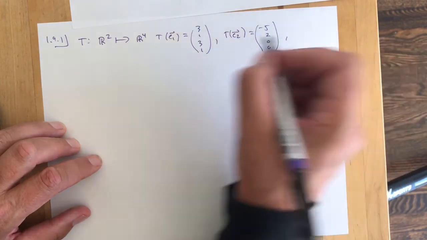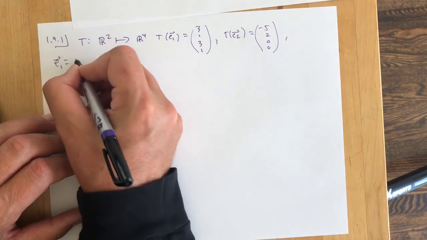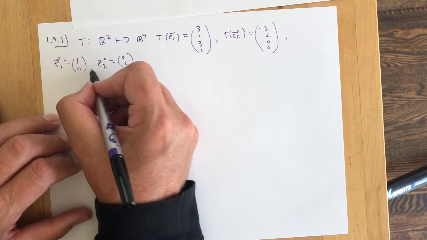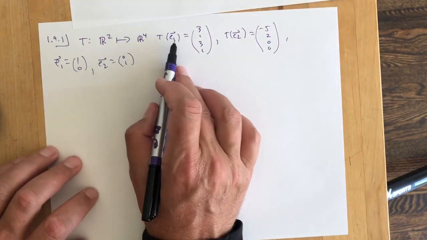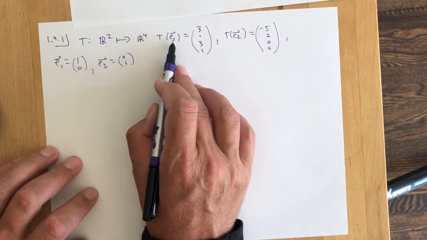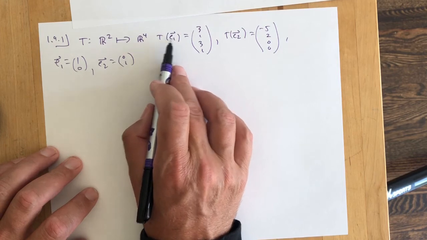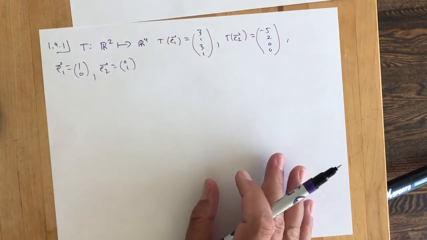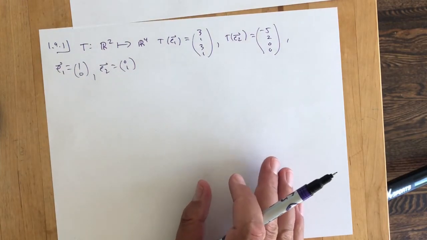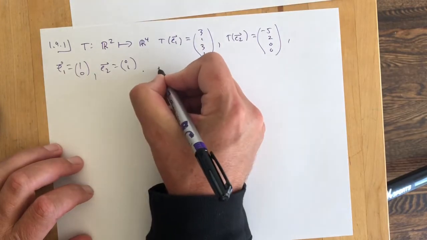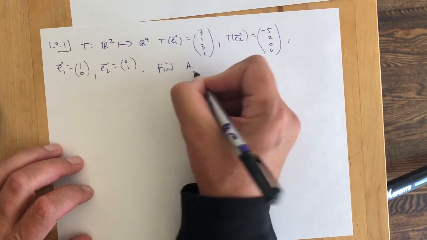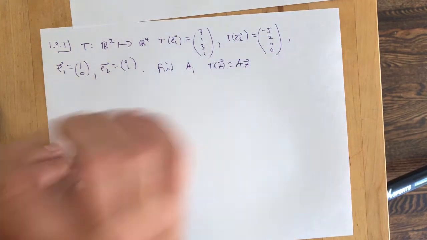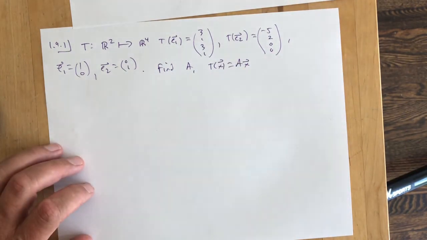And then they say, all right, well, E1 is 1, 0, and E2 is 0, 1, right? So it's implied that Ej is the vector with 1 in the jth position and 0s elsewhere. In this case, we're in R2, so it's going to be 1, 0, and 0, 1. And then it says, find A such that T of x equals Ax, where A is what they're calling the standard matrix of T.